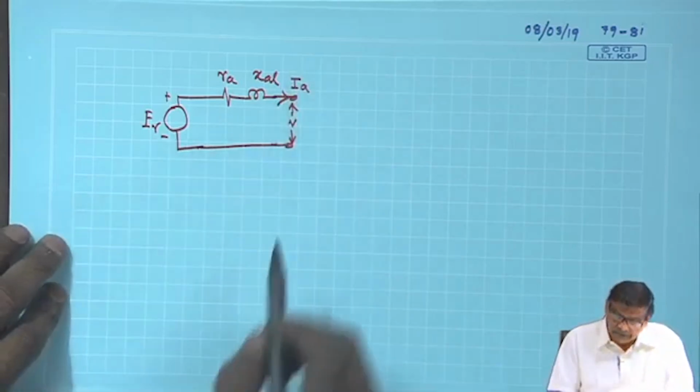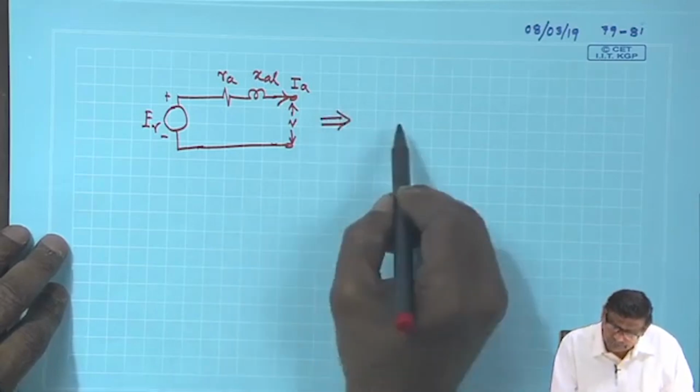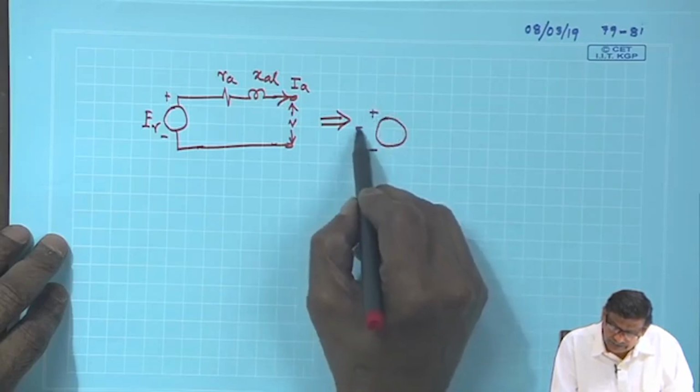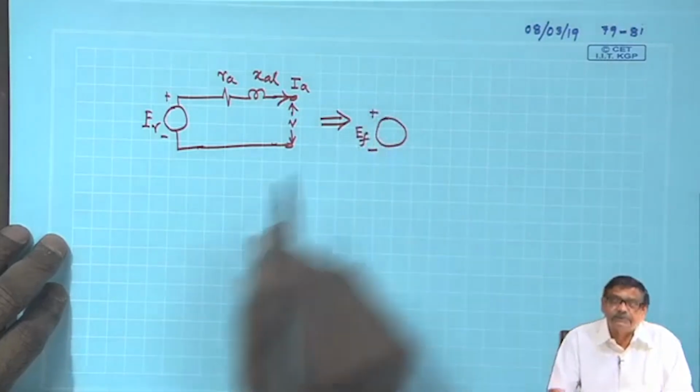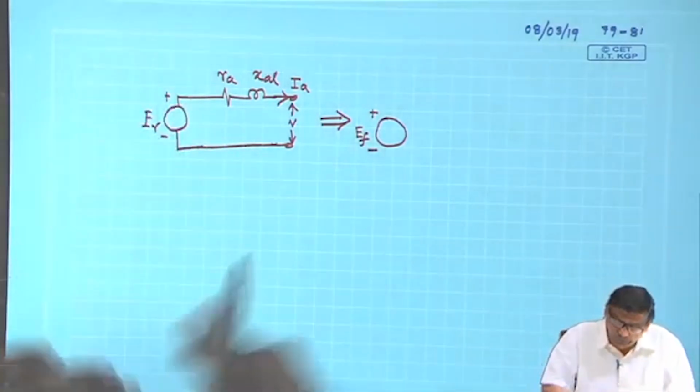This is fine. But then what I will tell, this same thing what I am telling, I will now say okay, EF is there, that is the excitation voltage under no load condition, when that load switch was opened.